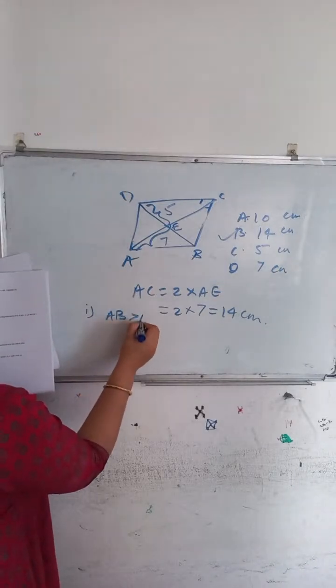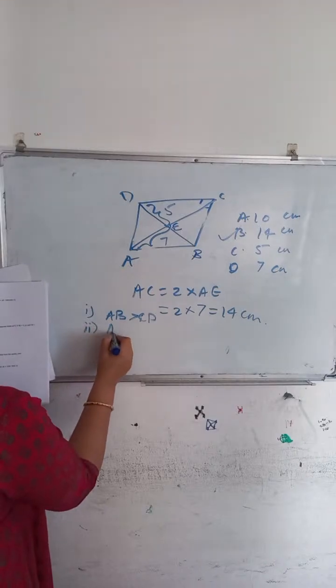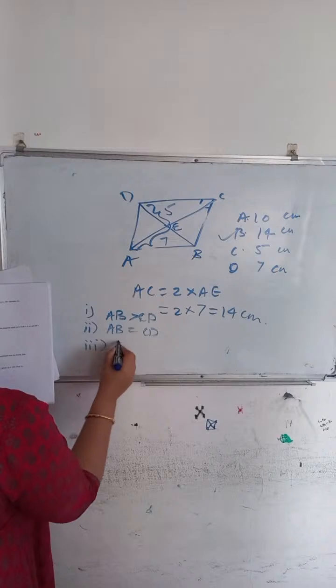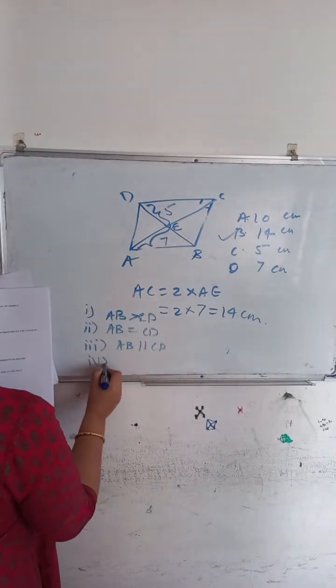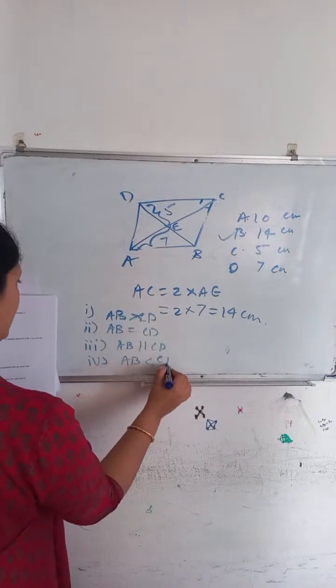First, AB is greater than CD. Second, AB is equal to CD. Third, AB is parallel to CD. And fourth, AB is less than CD.